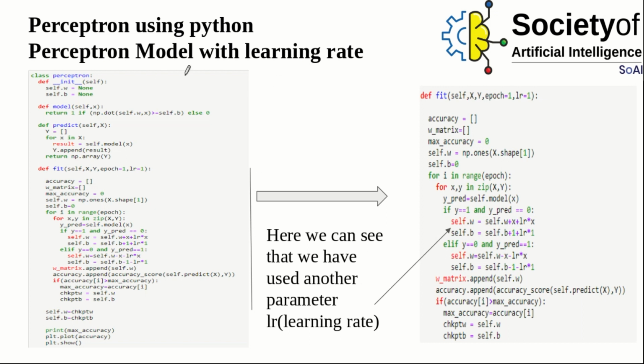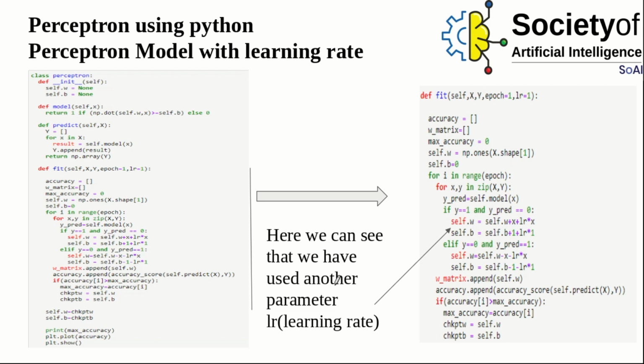So now how can we implement this learning rate hyperparameter in our code? In the same function where we have defined fit, we will be implementing again an if condition, where if y equals 1 and y prediction equals 0, we will assign self.w plus learning rate times the value of x, and self.b equals self.b plus 1 plus learning rate times 1.